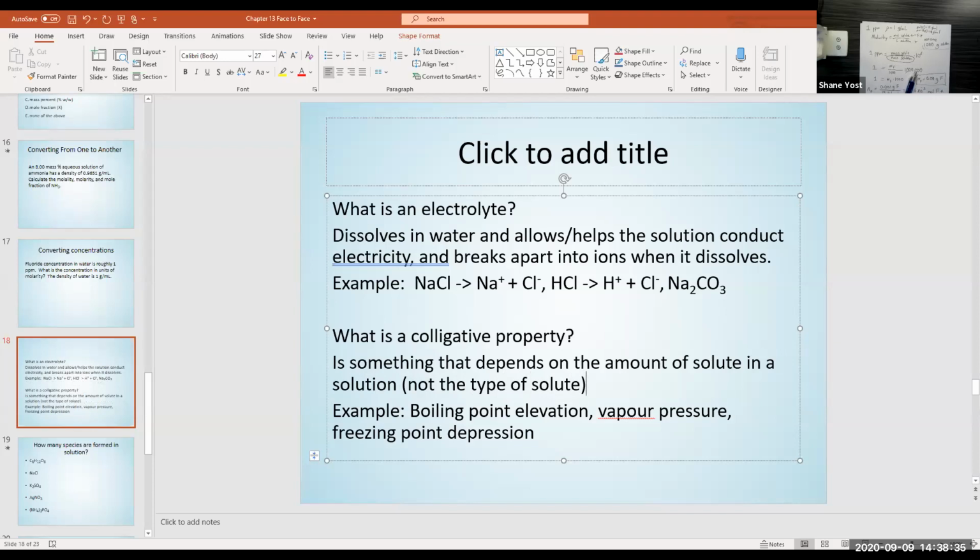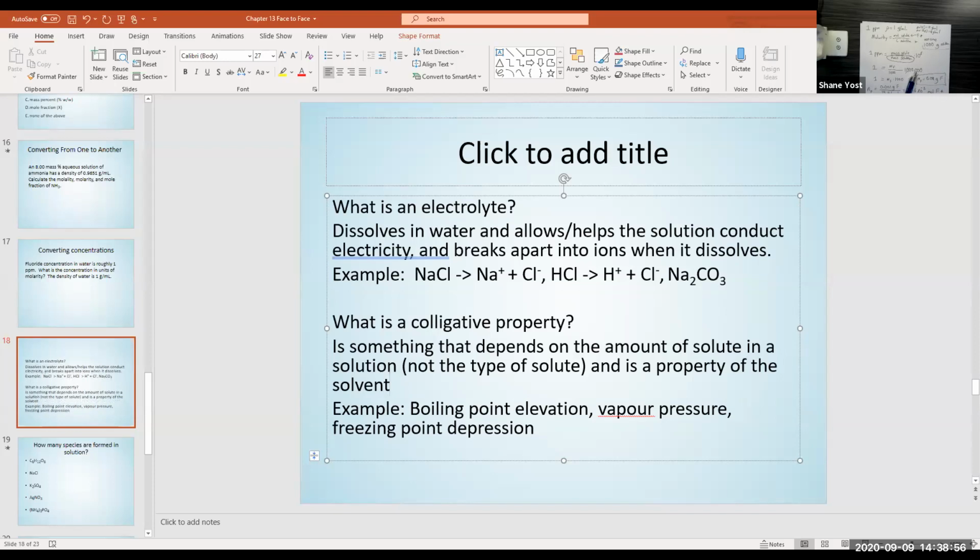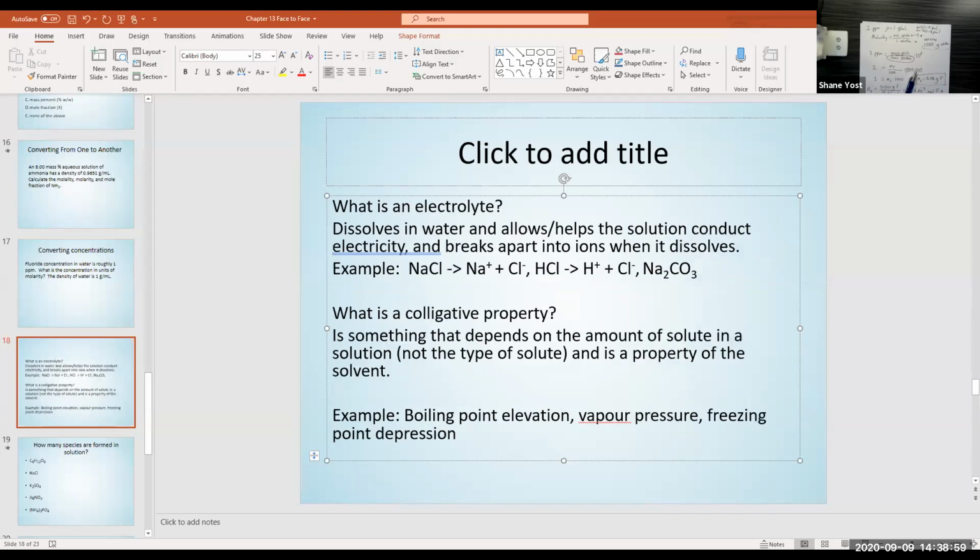Like the type meaning whether it's hydrogen, helium, sodium ions, chlorines. Doesn't matter. It's just the amount, how much stuff do I have in solution. And is a property of the solvent. Okay. So colligative property.